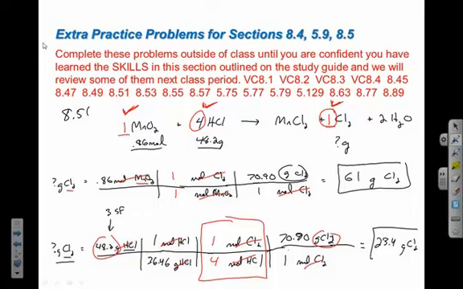grams of Cl2. So the question was asking, which reactant will be used up first? What's the answer to that? The HCl. Right? So don't just look at the numbers and say, well, I've got a higher number in front of my HCl, so that must mean I have more and I won't run out of it as quick.